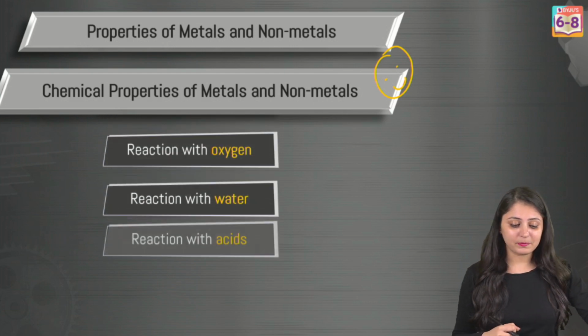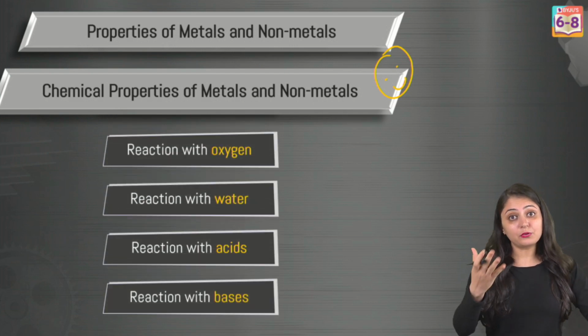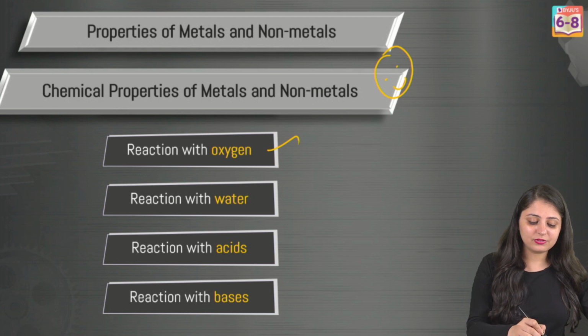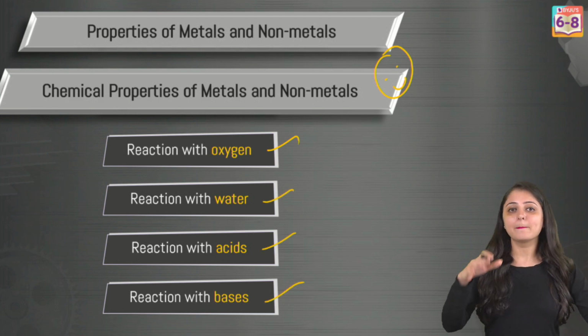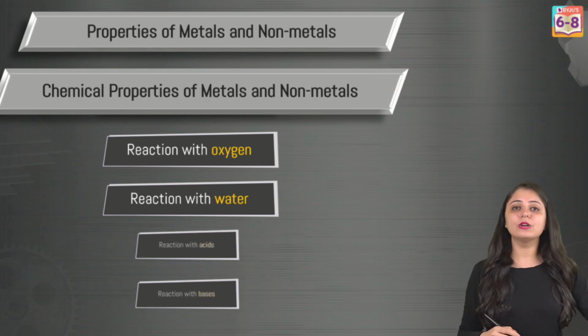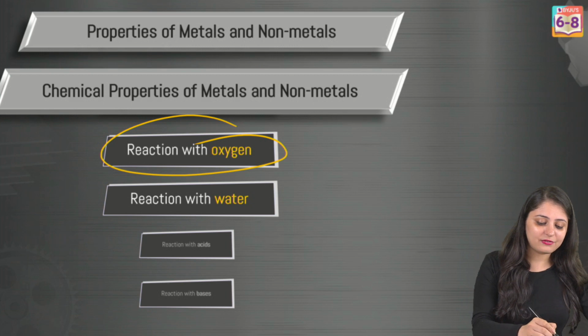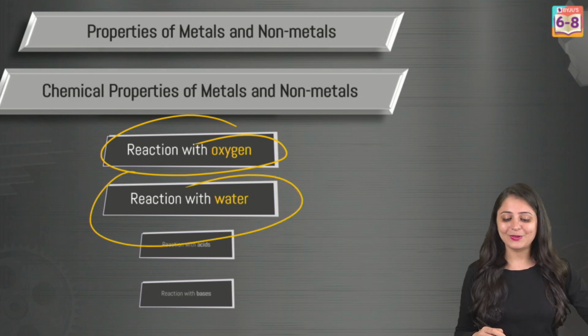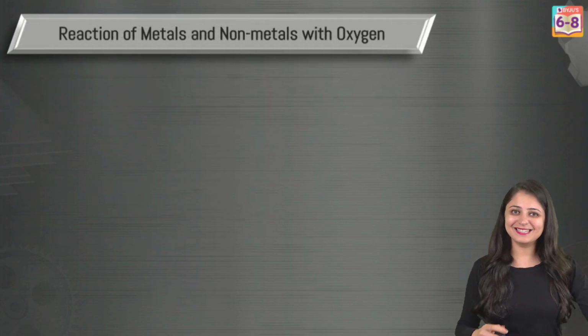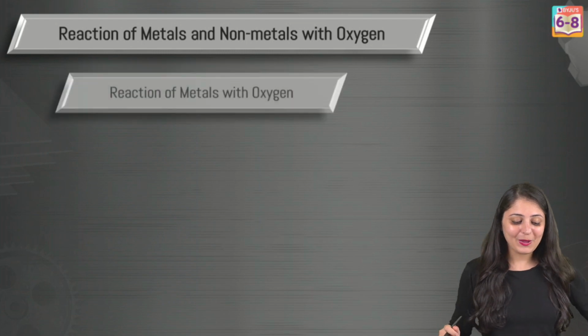And in chemical properties, we will be talking about reaction with oxygen, reaction with water, reaction with acids, and reaction with bases. But in today's class, we are going to master 2 types: reaction with oxygen and reaction with water. So let's get started with this topic.